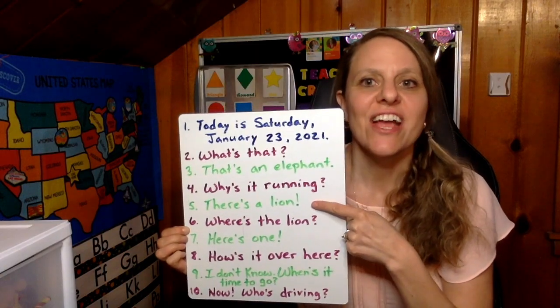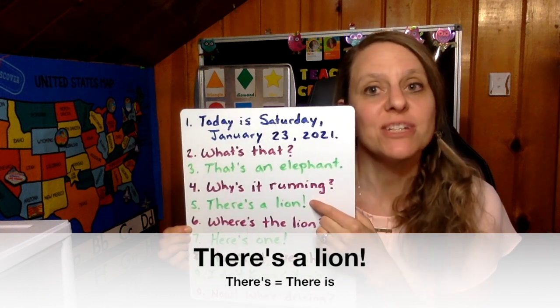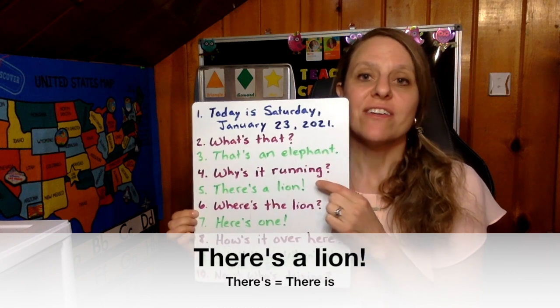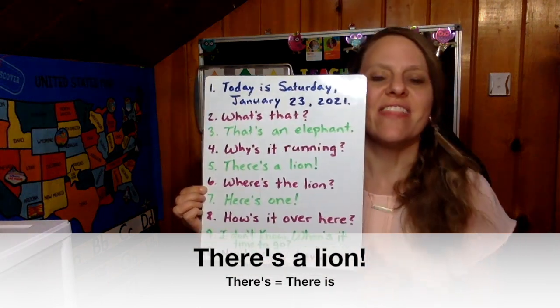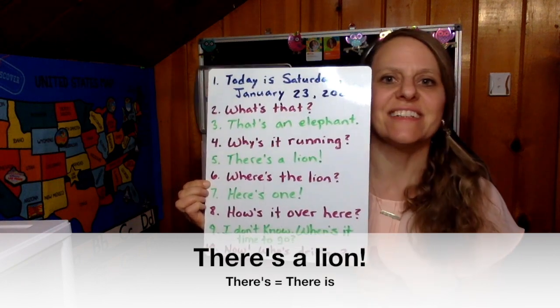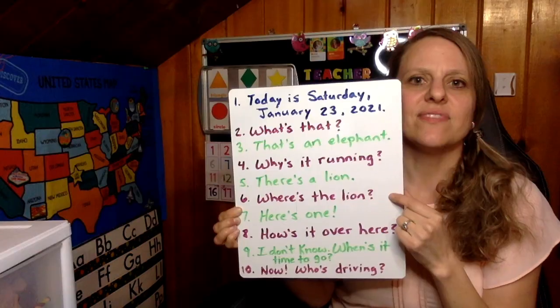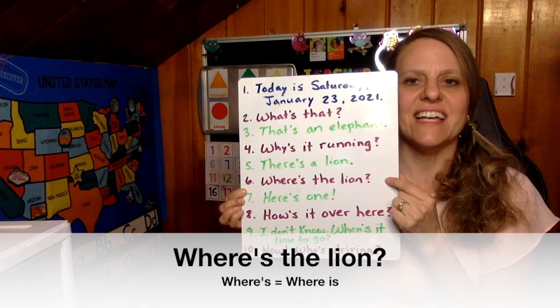The answer, there's a lion. We use an exclamation mark because we say it with emotion. And there's is far away. There's a lion. Number 6. Where's the lion?